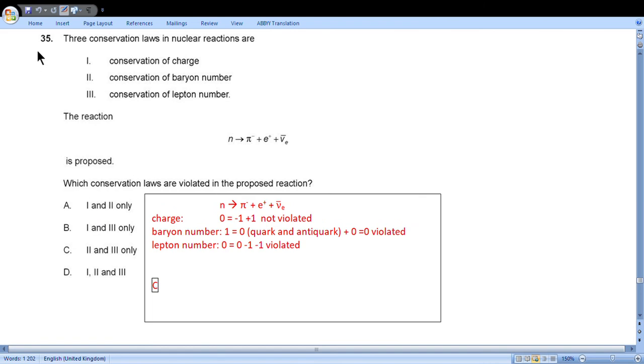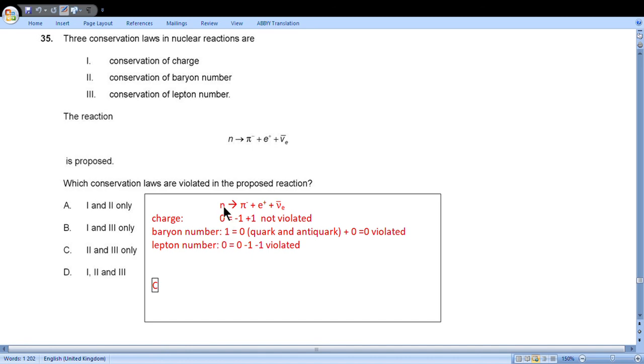Three conservation laws in nuclear reactions are the following. A reaction is proposed. Which conservation laws are violated in the proposed reaction? So we write the reaction. Charge: 0, minus 1, plus 1. The antineutrino has no charge, so not violated.